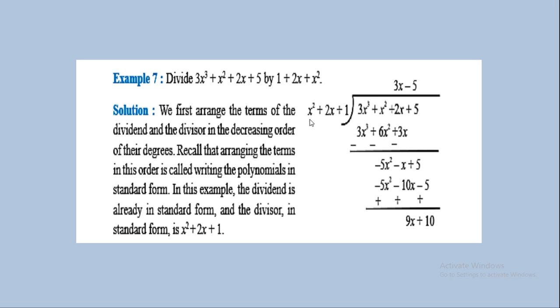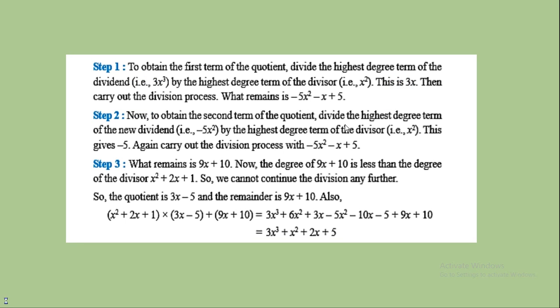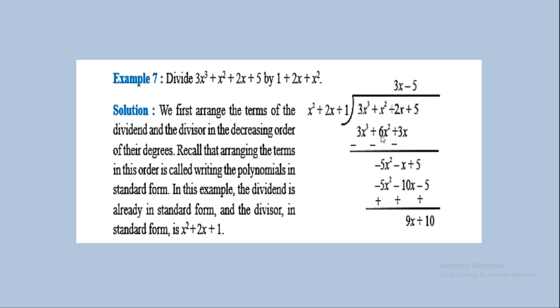Now taking the x term with the highest degree, here it is 3x cube and here it is x square. 3x cube divided by x square, we will get 3x. Now multiply this 3x with the polynomial: 3x into x square, we will get 3x cube, and 3x into 2x we will get plus 6x square, and 3x into 1 we will get 3x.